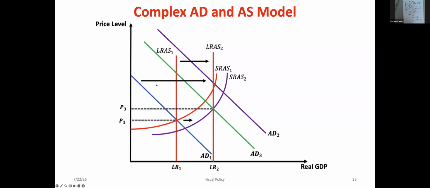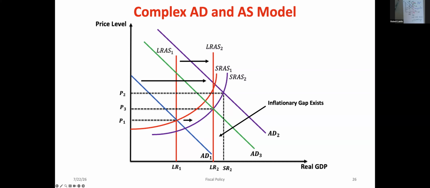And then the exact opposite could be true. If we had these simultaneous changes and that short run aggregate supply response isn't as large as that aggregate demand increase at the same time, where would our new short run GDP be? It's where our new short run aggregate supply hits aggregate demand.